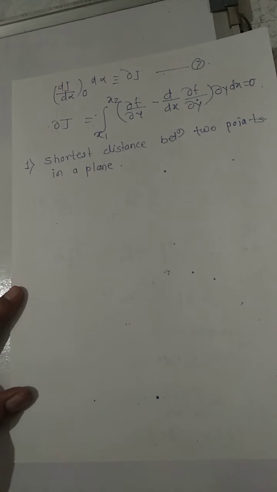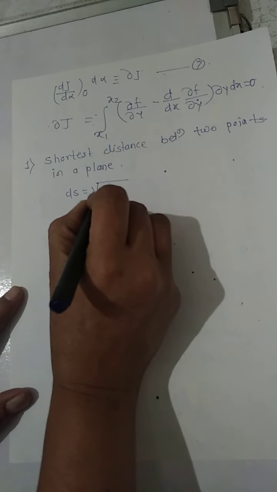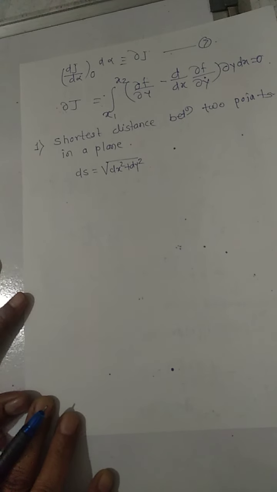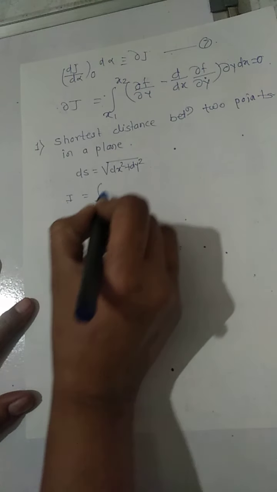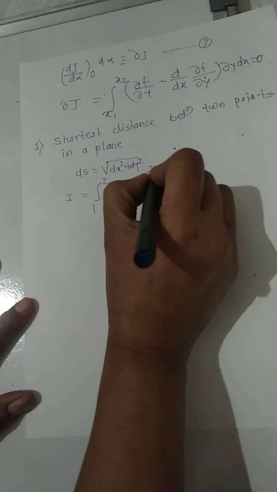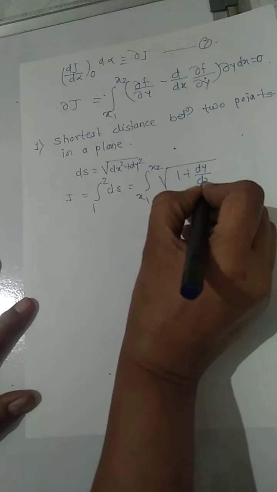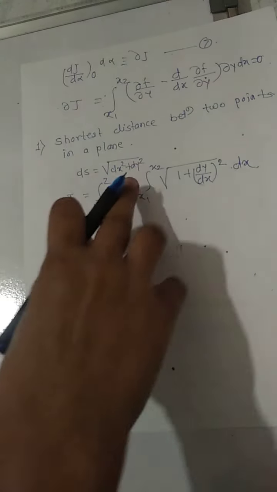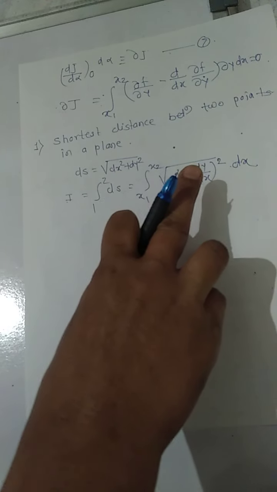An element of length in a plane is given by ds, meaning distance ds is equal to the square root of dx squared plus dy squared, and the total length of any curve going between points 1 and 2 is I, which is equal to the integral from 1 to 2 of ds, and that is equal to the integral from x1 to x2 of the square root of 1 plus (dy/dx) whole squared, times dx. Here we divide by dx, and then we get this equation.